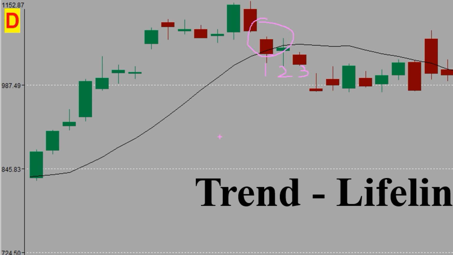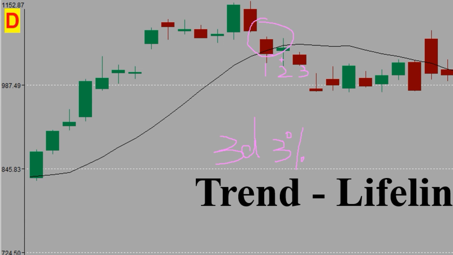So here, you know three rules. Three rules means one is 3 days and another is 3%. So if a close price is below the lifeline for 3 days, or one day of big drop, the close price 3% below the lifeline, meeting either one, it works.